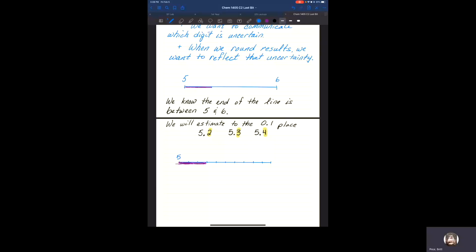Still have this as 5, and I have that as 6. But now I know for sure that not only is the end of this little purple line between 5 and 6, now I can maintain it's between this mark and this mark. I know that for sure.